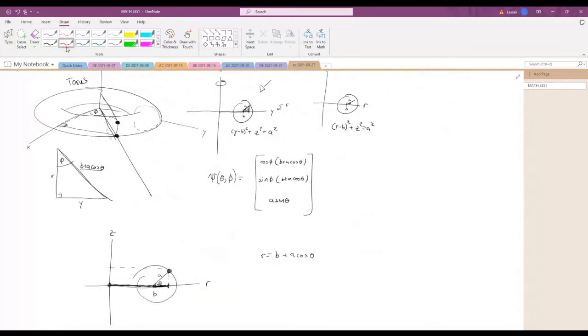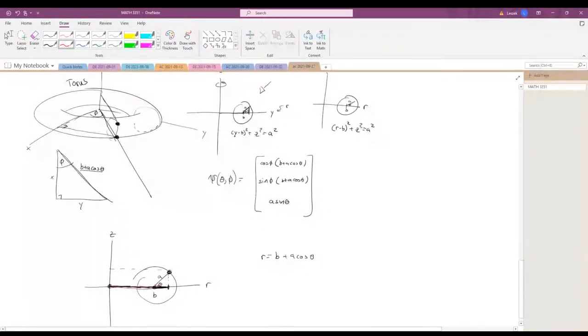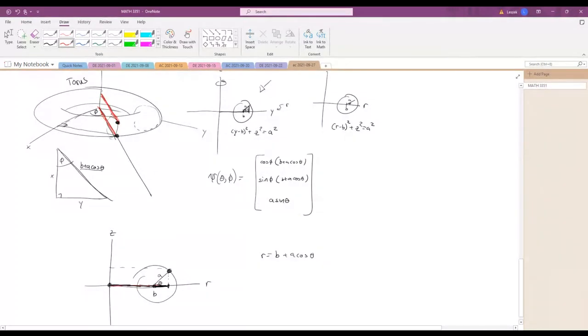So let's see, that would be this, that's like R, right? Yeah. And then I'm just projecting it onto the x and y axes using sine and cosine. Get the x and the y coordinate.